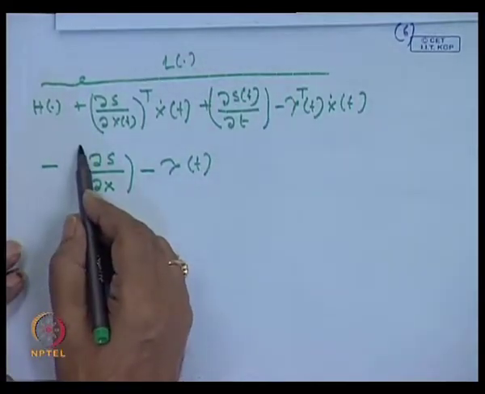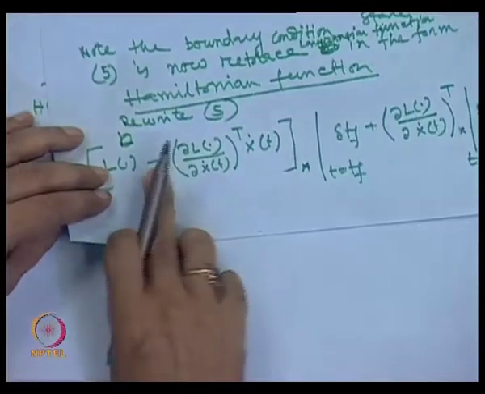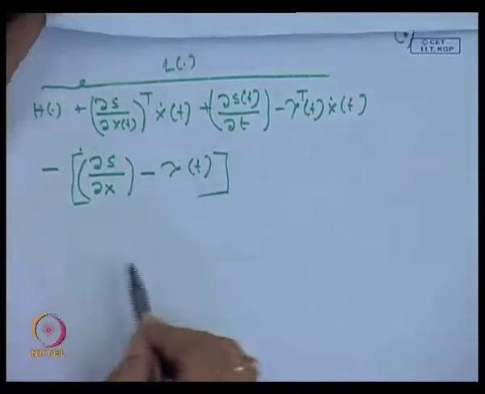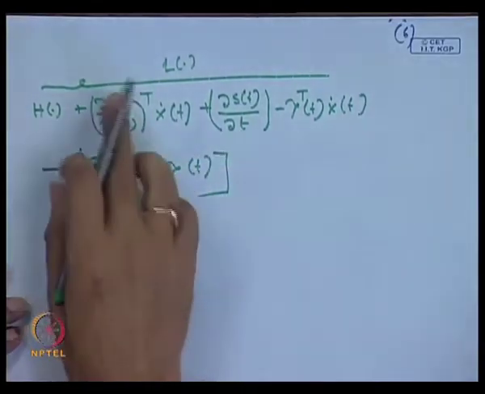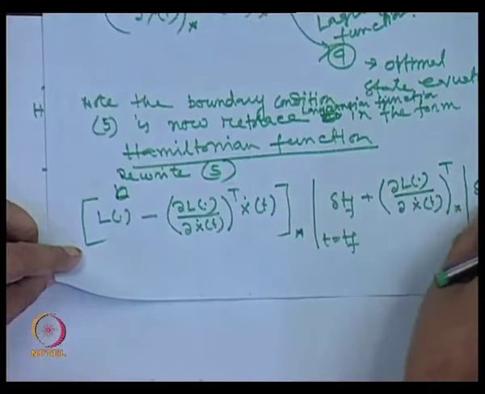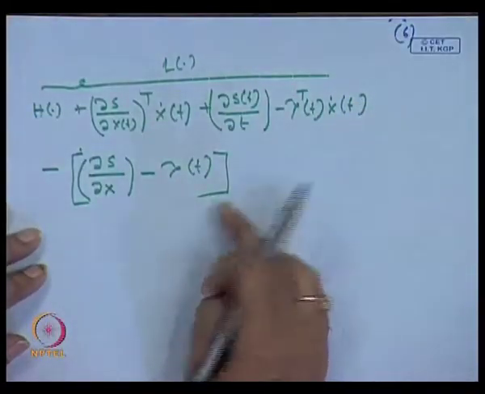This is in brackets, because of the minus sign here; the whole thing is a bracket. So I have written the L del x dot transpose x dot quantity, agree.